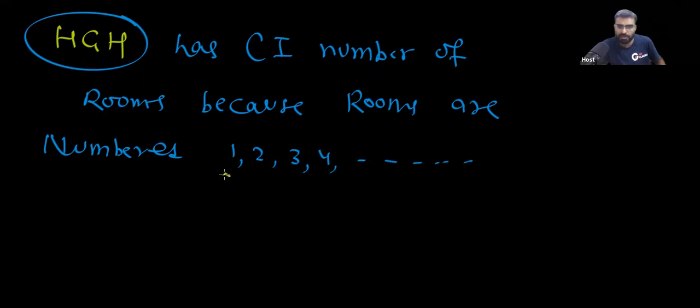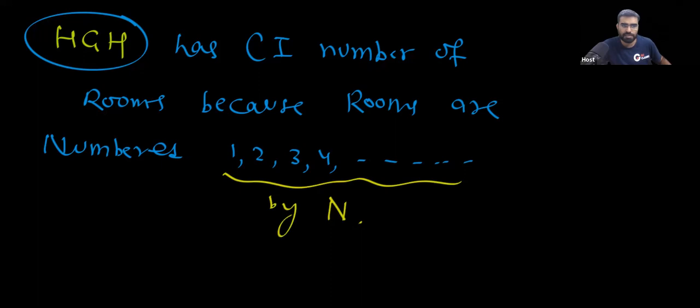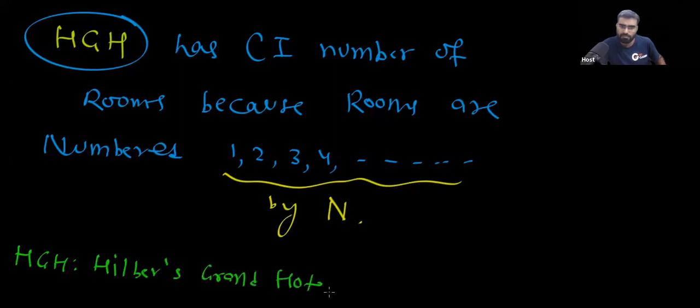Because rooms are numbered like this, they are numbered by n. Is this clear? When I say HGH, that means Hilbert Grand Hotel. Is this clear? So very simple. Yes or no?